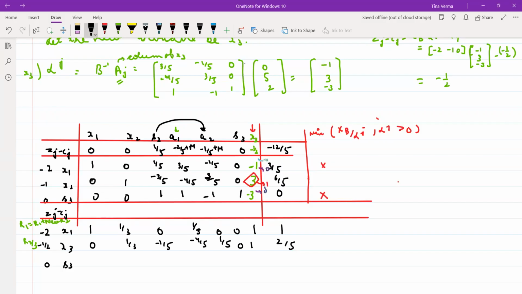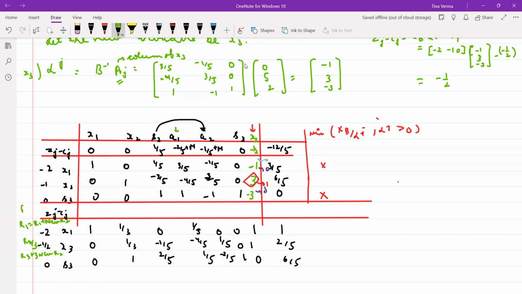And here you will apply your row transformation. That is R3 will be R3 plus 3 times your new R2. So those entries will become 0, 1, 2 by 5, 1 by 5, minus 2 by 5, 1 and 0, and this entry will become 6 by 5.